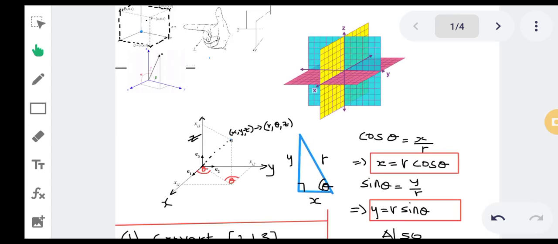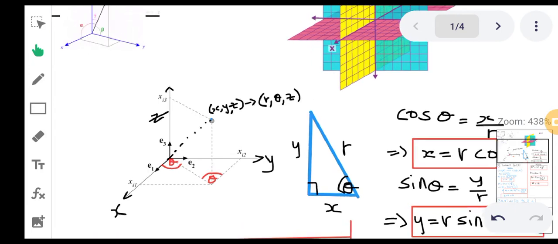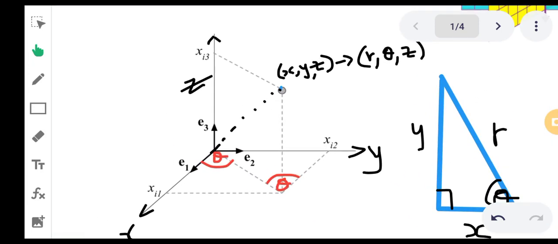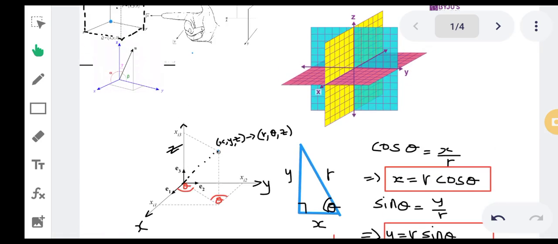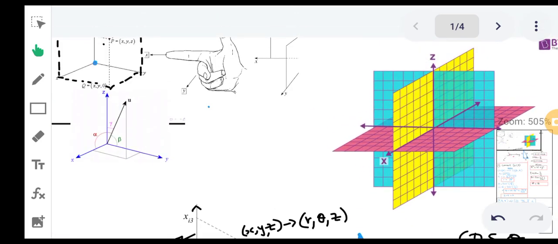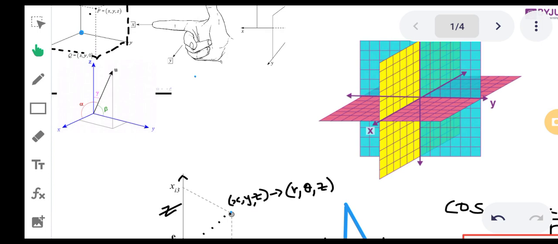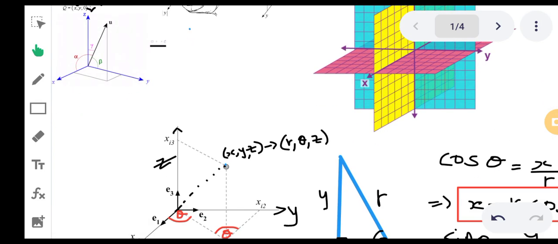Let's start today with this diagram. As indicated here, we have my x coordinates, my y coordinates, and my z coordinates. Now I want to derive the relationship between the Cartesian coordinates x, y, z and the cylindrical coordinates r, theta, z.